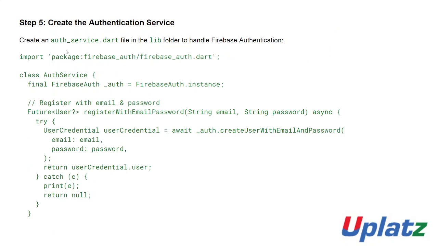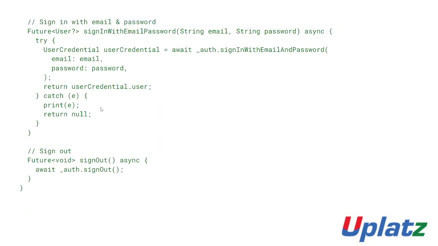Next, sign in. Previously it was register and sign up. Now sign in with email and password, as we have seen in our previous lesson also. Future of User nullable, signInWithEmailPassword, String email, String password, async. So we shall use await.